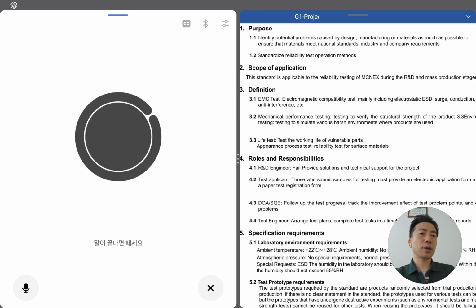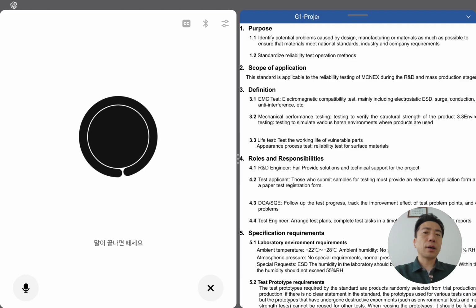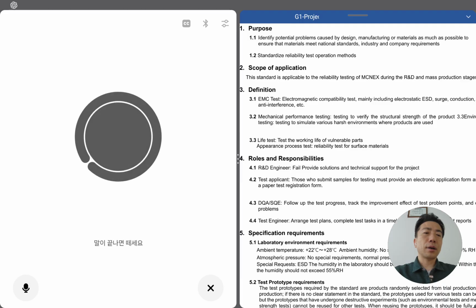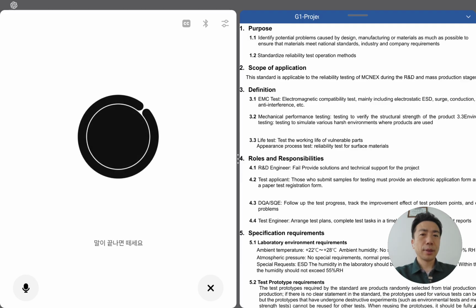Okay, let's move on to the next one. Number three, definition. I'm going to read the number three definition part.